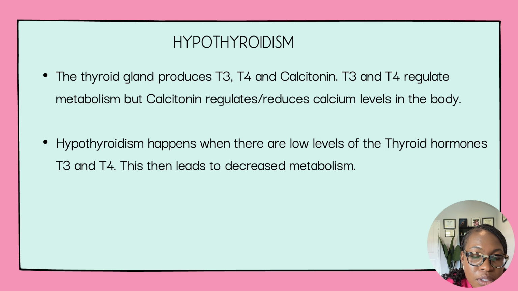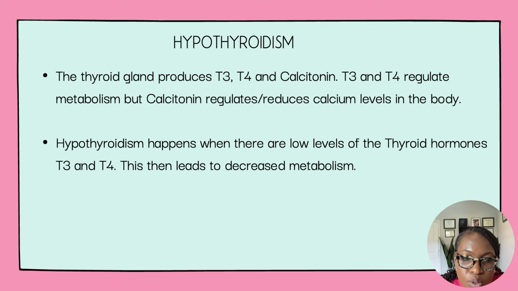Today we're going to be discussing hypothyroidism, and you can already break down the word. Hypo means low and thyroidism just refers to the thyroid. Now, we discussed before that the thyroid gland produces T3, T4, and calcitonin. T3 and T4 help to regulate metabolism in the body, but calcitonin helps to regulate or reduce calcium levels in the body when necessary.